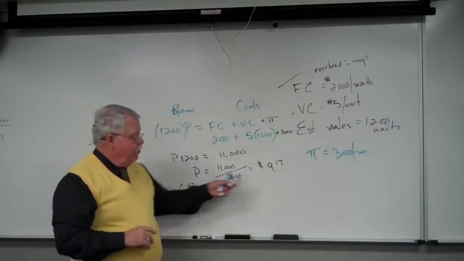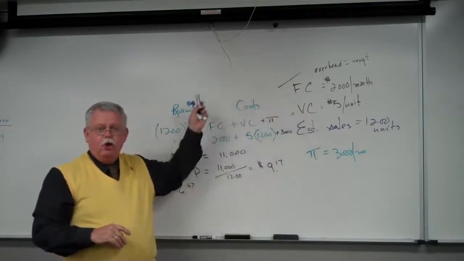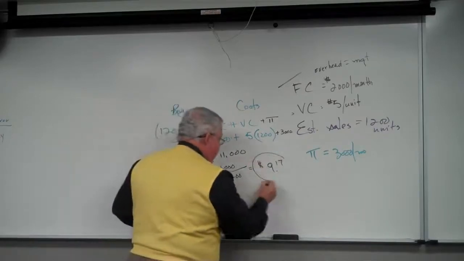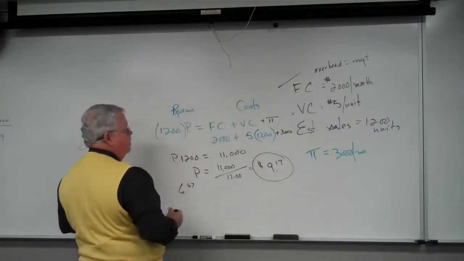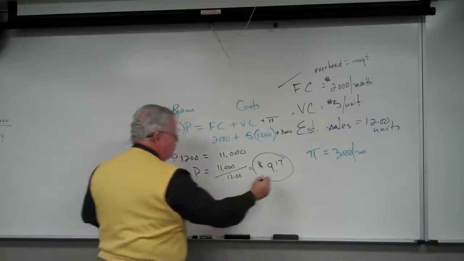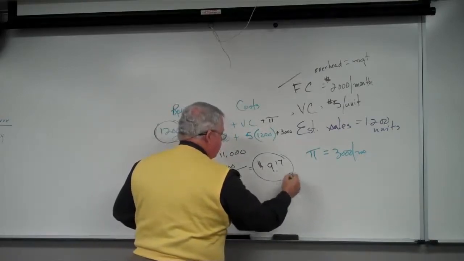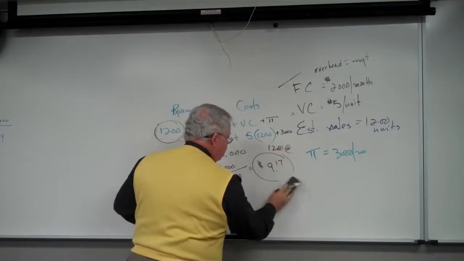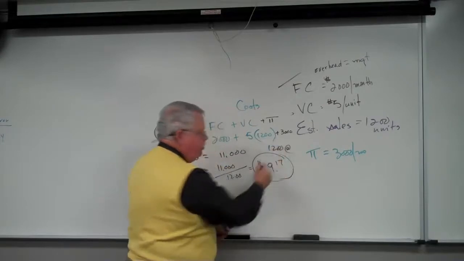If I figure this is the way my cost structure looks, and I say, geez, I gotta be able to sell, how many did I say? 1,200 of them for $9.17. Is that a reasonable expectation?